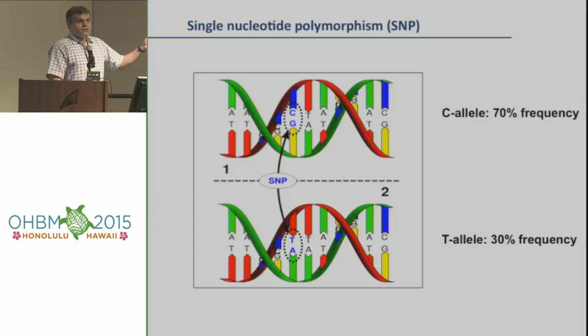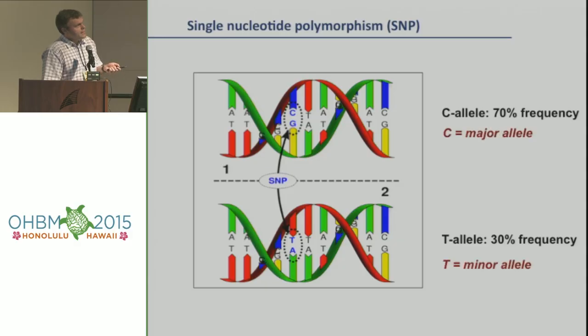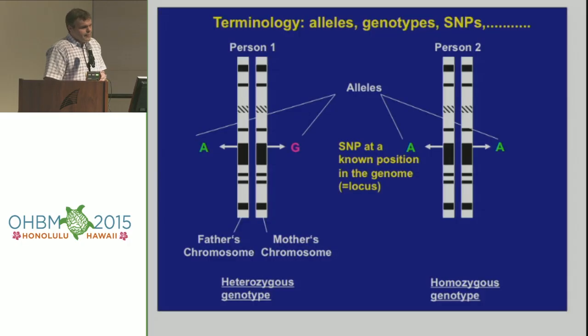And you can look at the chromosomes in the population, and you will see that the C allele is present on a certain fraction of the chromosomes, and the other allele on another fraction of the chromosomes. It all sums to 100%, and we call the more abundant allele the major allele, and the less abundant the minor allele. And this is just basic terminology. You will probably all know that, but it's important.